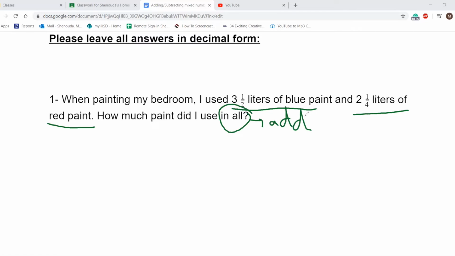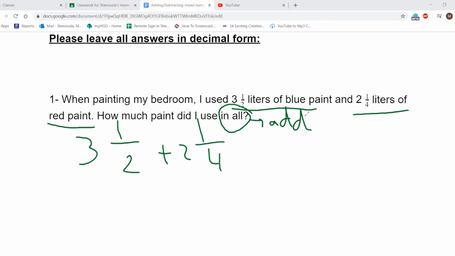As we mentioned in class, in all or all together means that I should add the categories I have in the problem. In this case, it's the paint. So I want to add 3.5 plus 2 1/4.